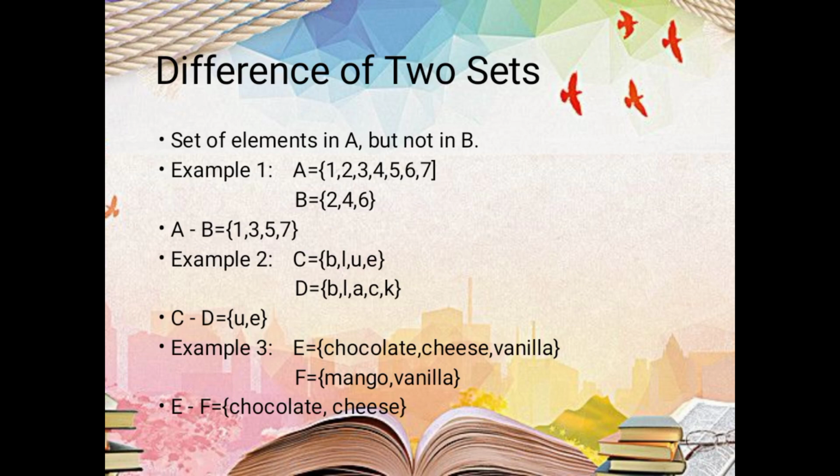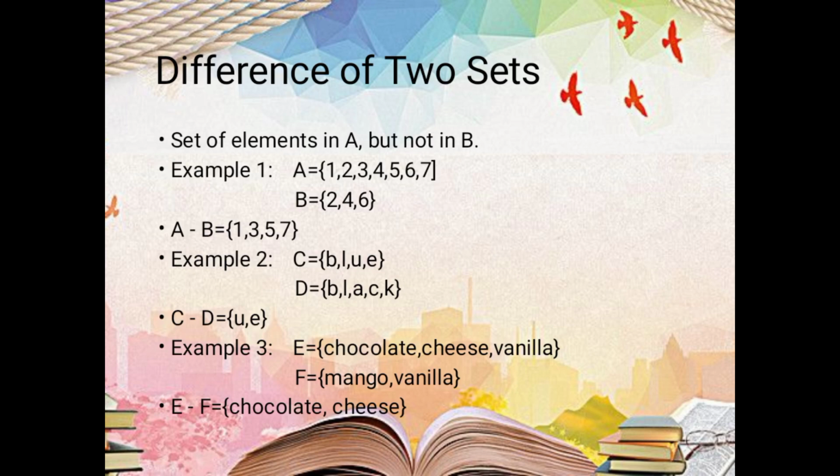So the difference of A and B is equal to 1, 3, 5, 7. As you can see, 1, 3, 5, and 7 are not in set B. So, it is the difference of two sets.